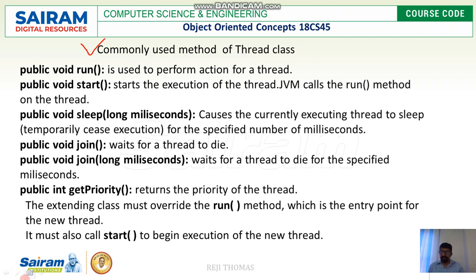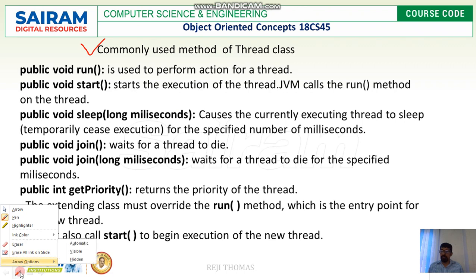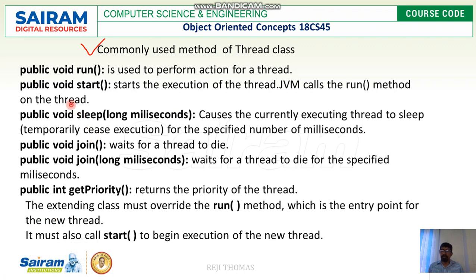Then we have a method called sleep. Sleep is going to pause or suspend the execution for a number of milliseconds. So whatever number you mention, for those many milliseconds the thread is going to pause, or suspend its execution.